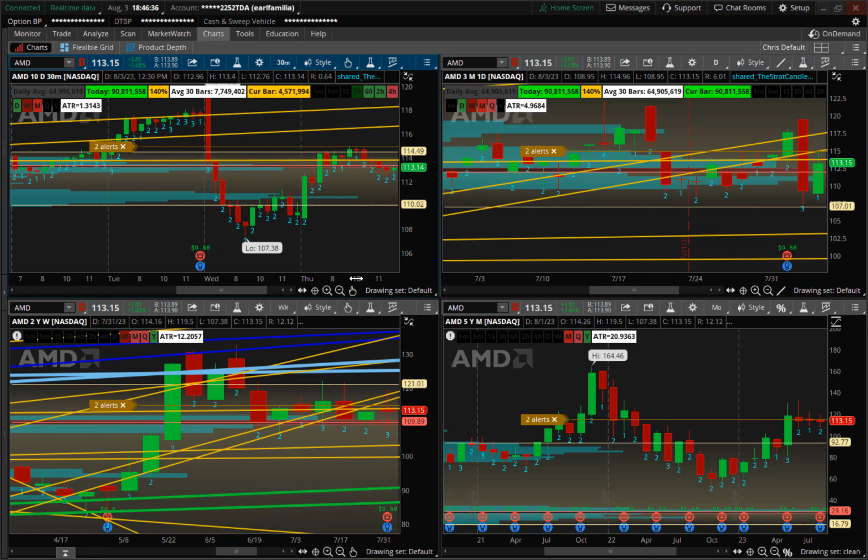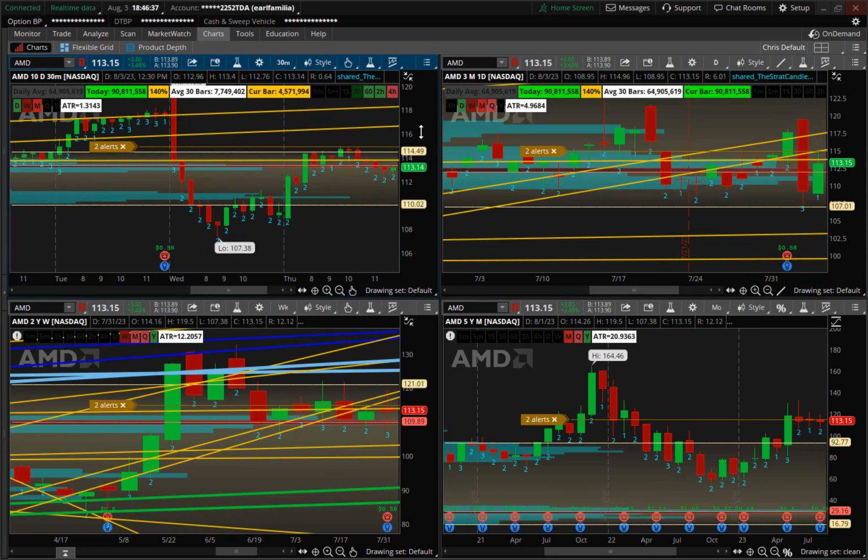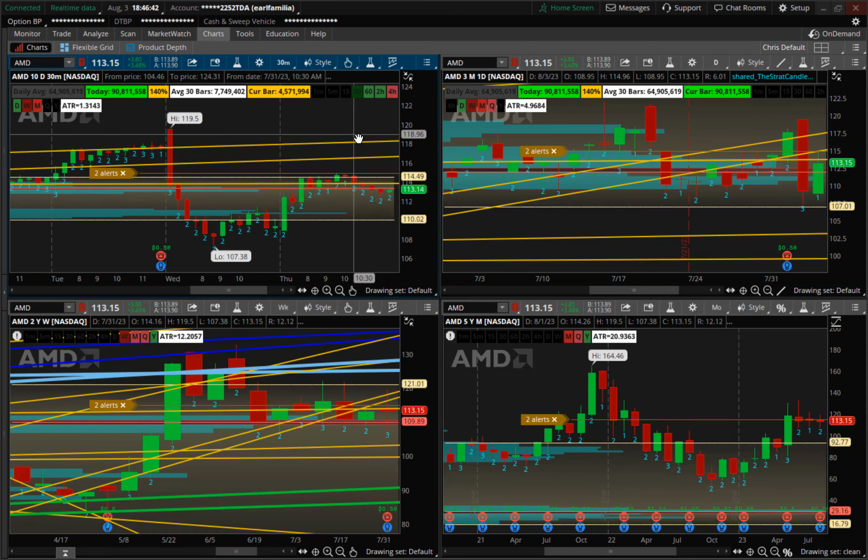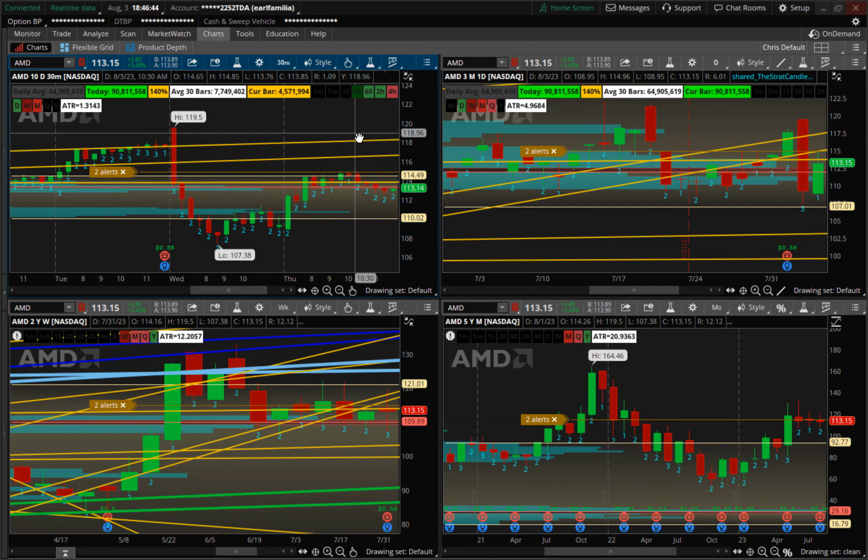So one of the rules of thumb that I have with trading and utilizing the strat and these broadening formations is that I don't like to take entries, and it's not 100% of the time, but the vast majority, I don't take trades where I have to enter just below a broadening formation.